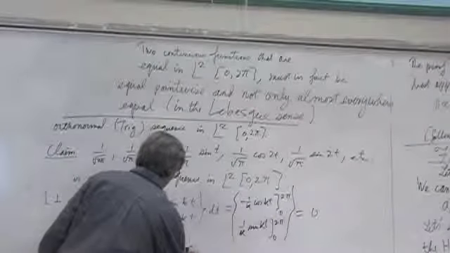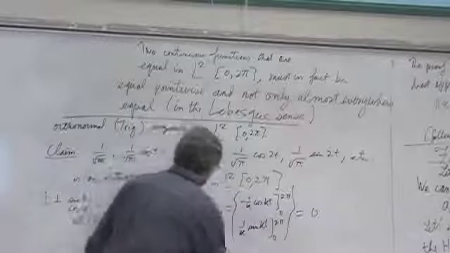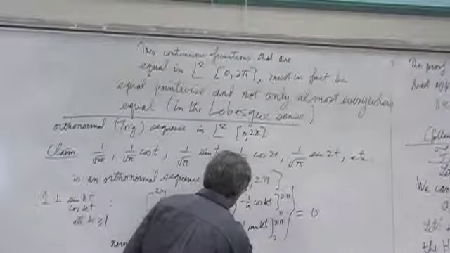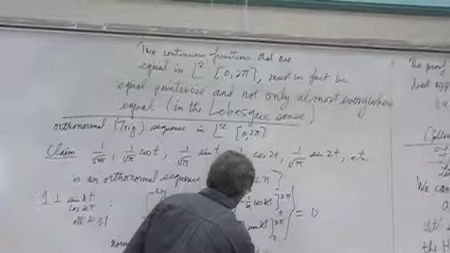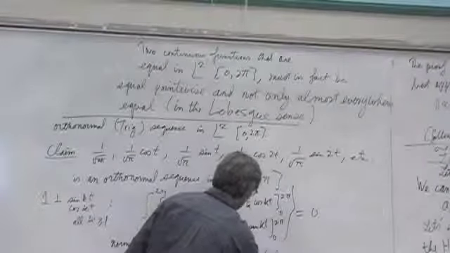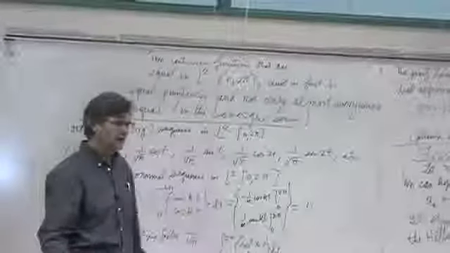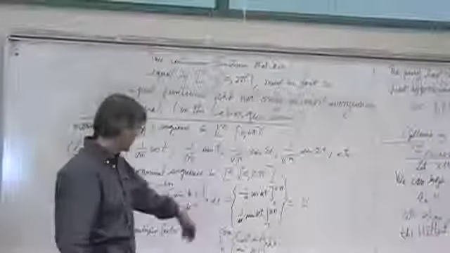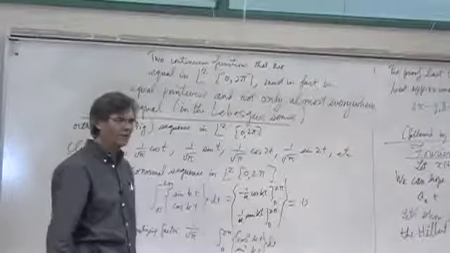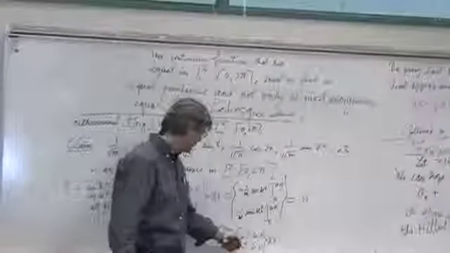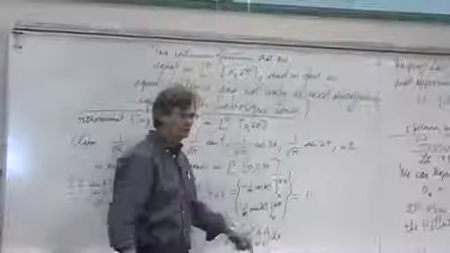For the 1 over the square root of pi, what you do is you take the integral 0 to 2 pi of cosine squared kt or sine squared kt dt. Actually, you can argue that those integrals are the same by shifting, by just the graphs of the curves that we're familiar with. They're each equal, and their sum gives you 1. So each of these integrals is equal to pi.